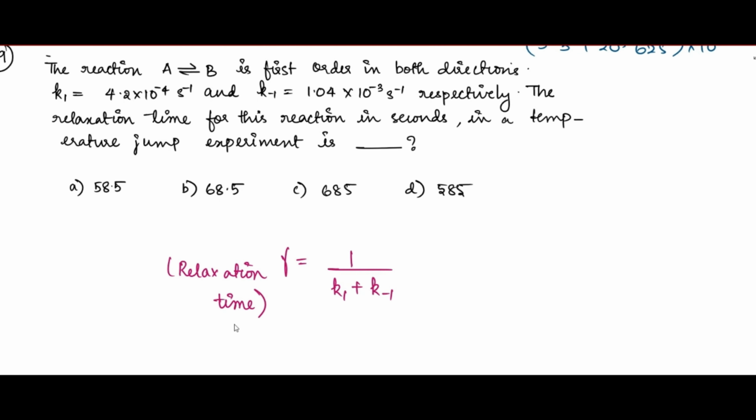Direct values ഇടേണ്ട കാര്യമല്ലേ ഉള്ളൂ. 42 plus 1, 43, 43.04. 1 divided by 43.04 into 10 to the power minus 3. 685. Direct substitution, you will get option C.